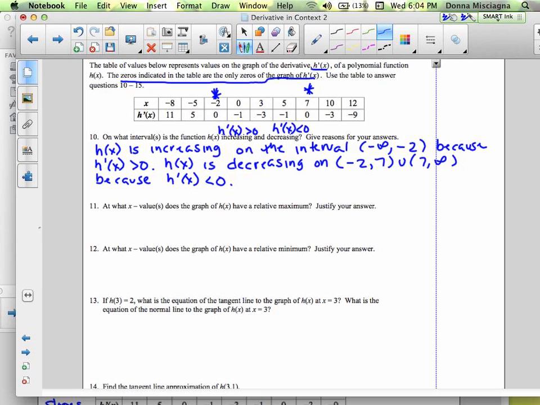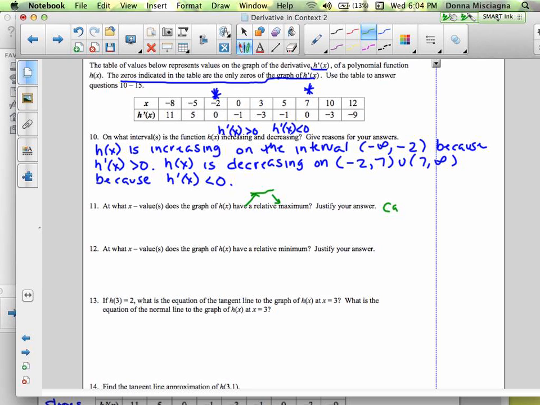And so on what x value does the graph of h of x have a relative maximum? Well, to have a relative maximum, the function has to be increasing, has its horizontal tangent, and then is decreasing. Right? So if we look, let's look at our candidates first.